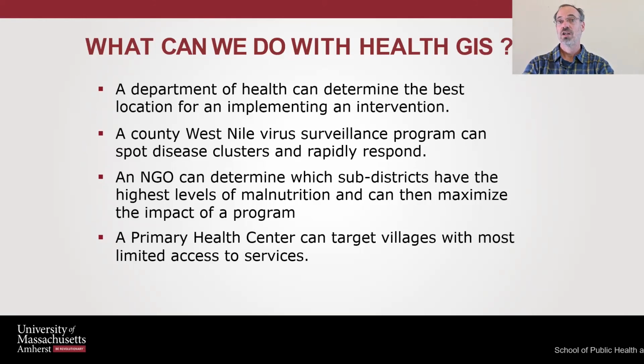With COVID-19, we can spot where clusters are happening and go out and respond to them, send contact tracers, which I think a couple of you might be involved in, from what I've heard. Another example is an NGO, a non-governmental organization, which can determine which subdistricts have the highest levels of malnutrition, as an example, and can then maximize the impact of a program. And a primary health center can target villages with the most limited access to services.